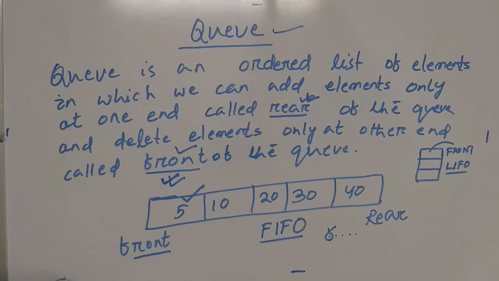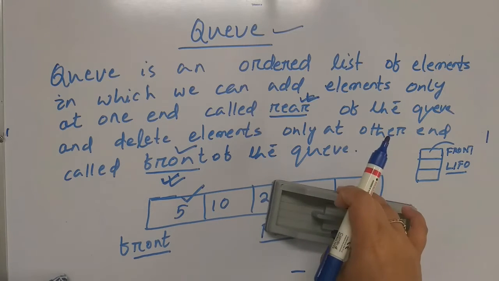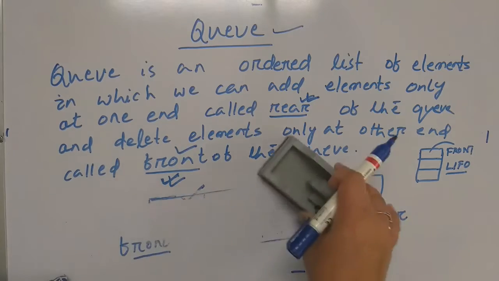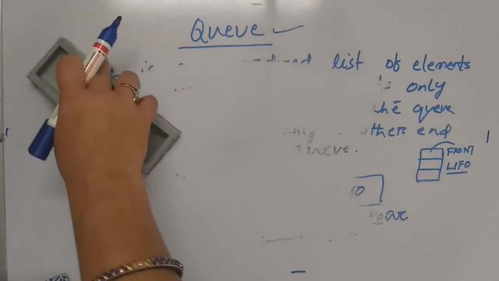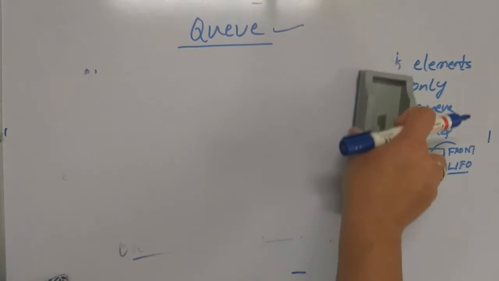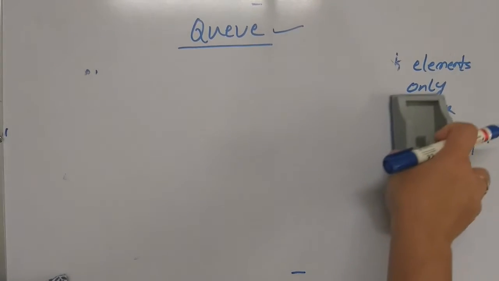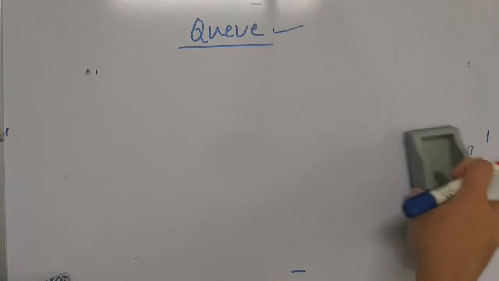So this is the basic thing of the queue. Next, how do we insert elements one after the next, and what is the procedure we follow for entering and deleting each and every element?